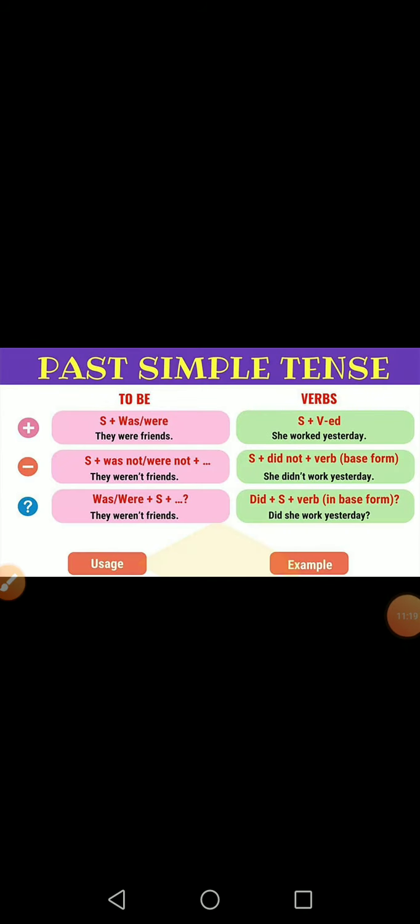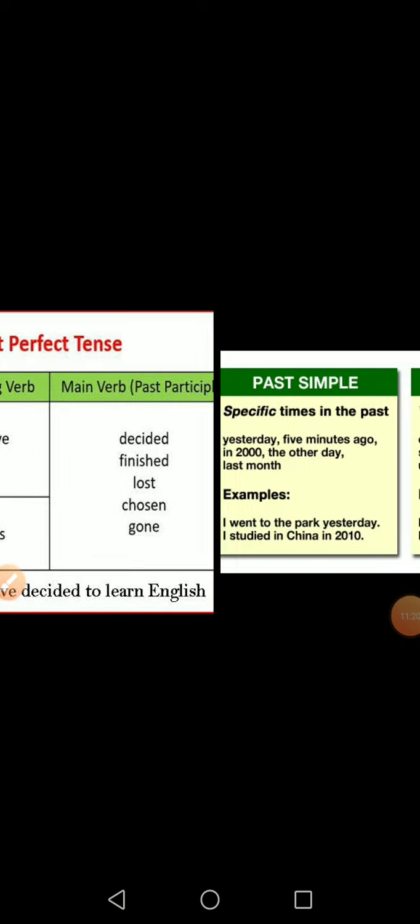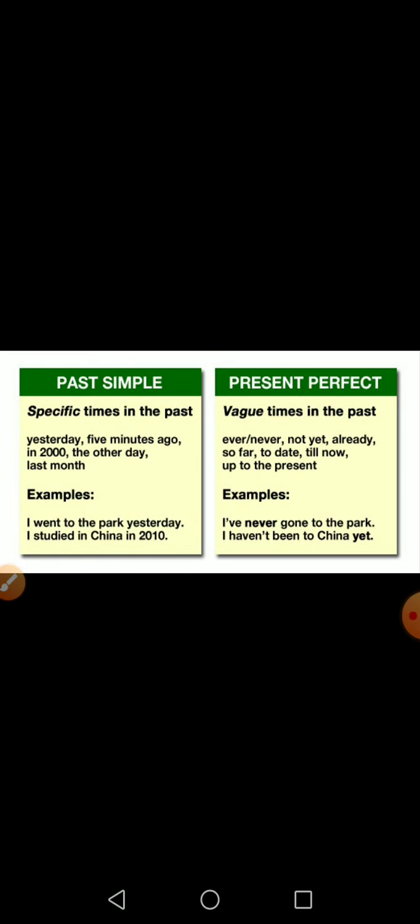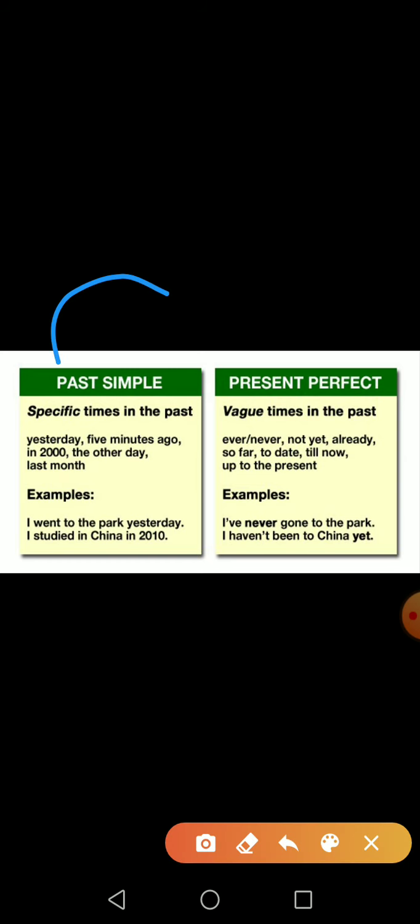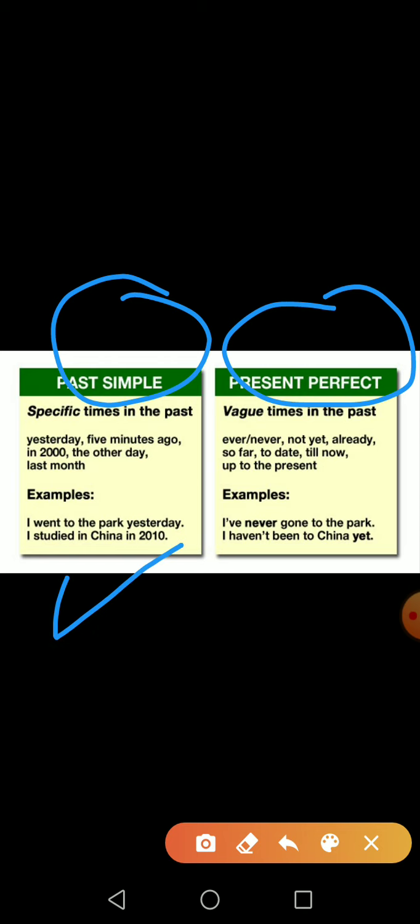Now, let's make a quick revision. So we talked about the past simple and present perfect. Which one of them do we mention the time with? The past simple. Example, I went to the park yesterday.